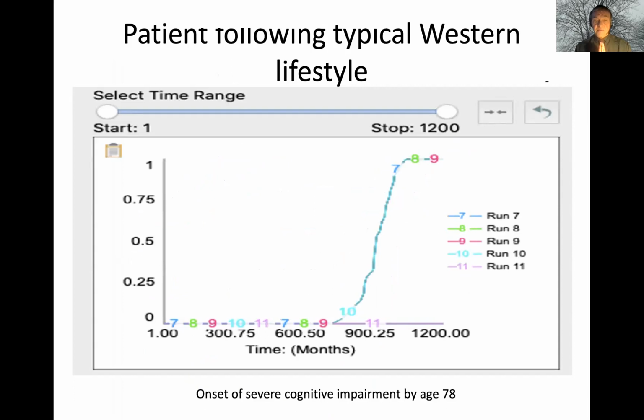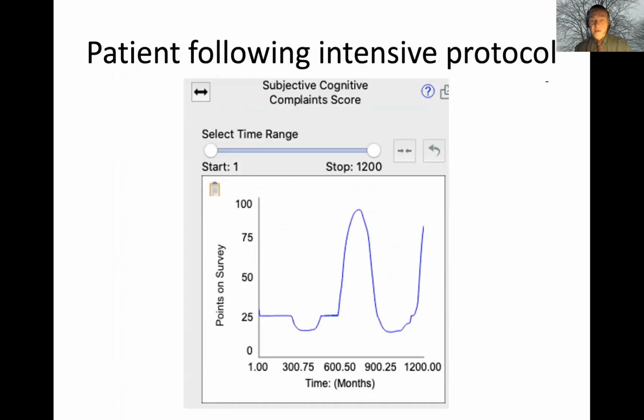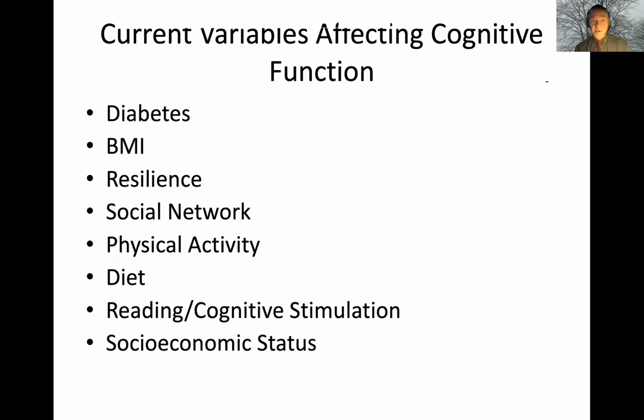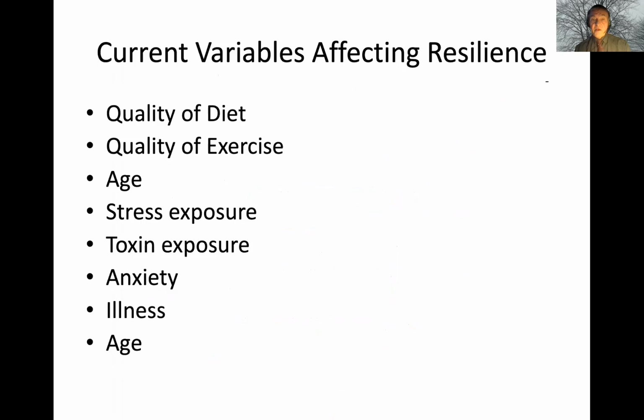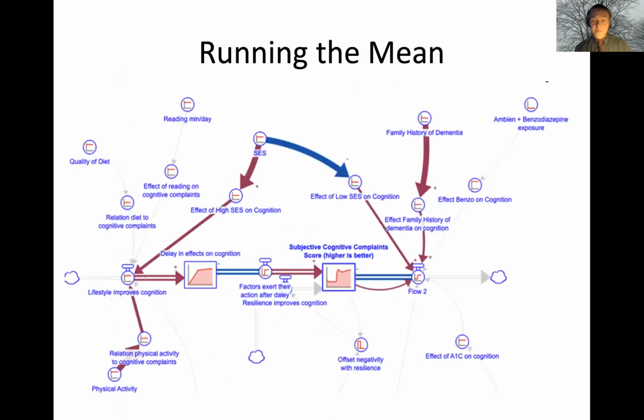And we have a prediction of severe cognitive impairment by age 78 of a patient following a typical Western lifestyle, which was accurate. And we have a prediction of a patient who improved using the Bredesen protocol, which was accurate. And we have our intervening variable, which is cognitive reserve, which is affected by a variety of factors.